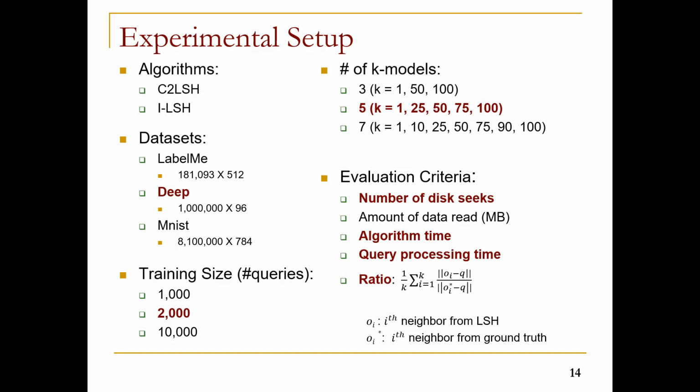Query processing time is the total time it takes for the method to return top k results. Finally, we use the same ratio definition as C2LSH and ILSH, which shows the accuracy of the returned results. The closer the ratio is to 1, the higher is the accuracy. In this presentation, we only show the results for the criteria in bold and refer the viewers to check the paper for the complete results.